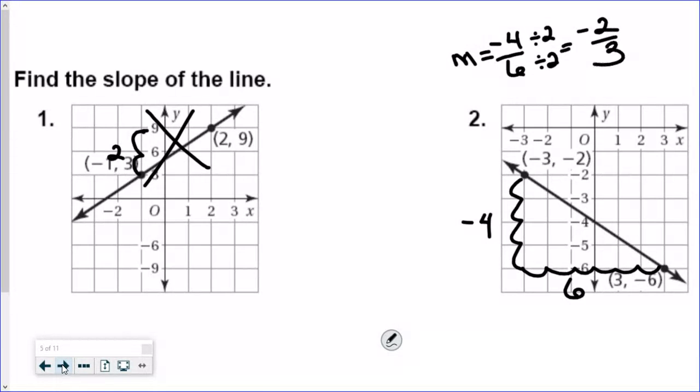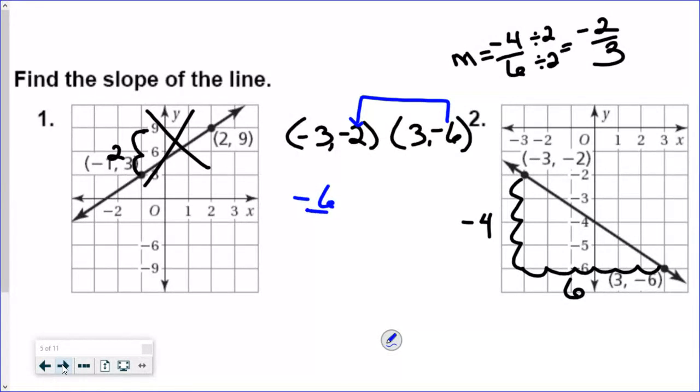So it's really 2/3. Now, if I want to do it by ordered pairs, -3, -2 is my first ordered pair. 3, -6 is my second ordered pair. And this is sometimes how I do that. So I do y2 minus y1. So I go up and over, pointing, and that represents the top of my fraction. Oops, I just made a mistake. Don't do that. It happens though. -6 minus a -2.